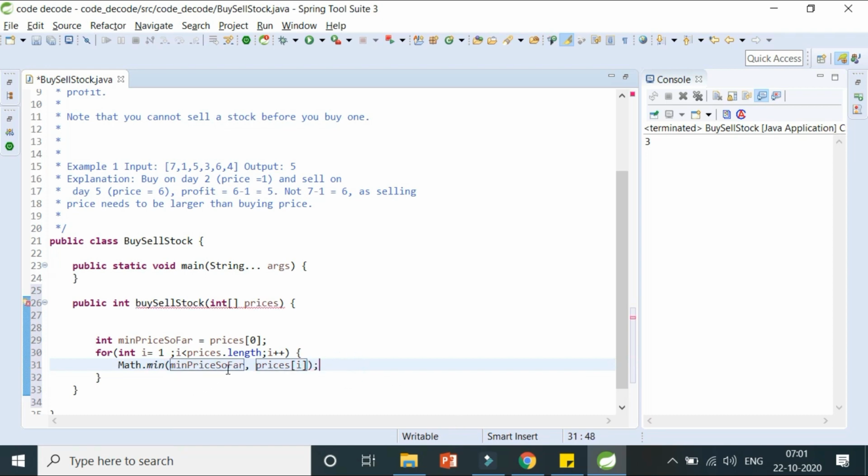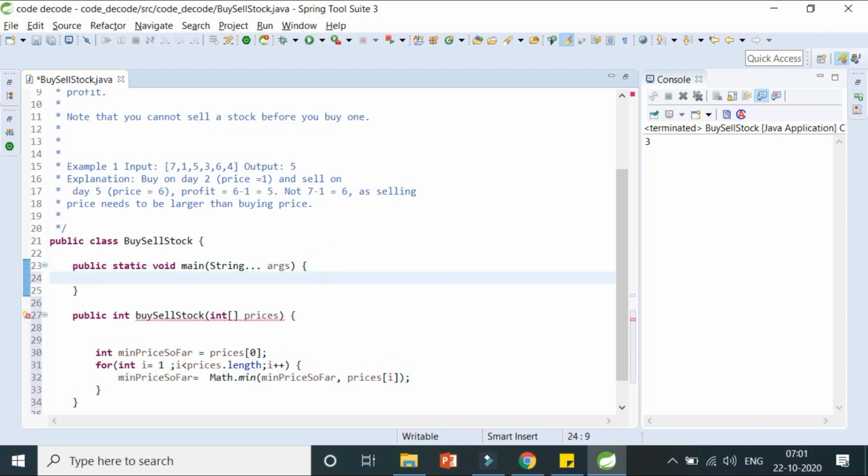Okay, so I have already compared. Now I have to assign this minimum price to this variable, because while iterating the loop we have to update our minimum price. Then only are we going to get our minimum value of the stock by the end of this iteration. Okay, so by the end of this iteration we will get our minimum price.